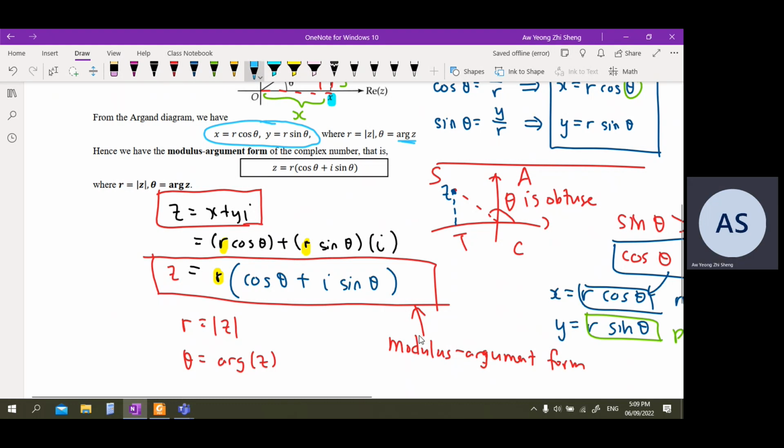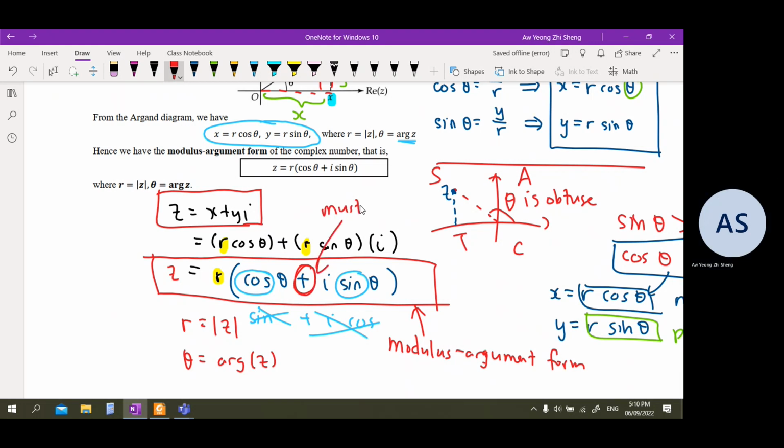For modulus argument form, you have to be very careful that it is the cos term that comes first, sin term comes after. It's always cos plus i sin. It is not sin plus i cos. Sin plus i cos is wrong. It's always cos plus i sin. And also, the symbol in between here must be a plus.